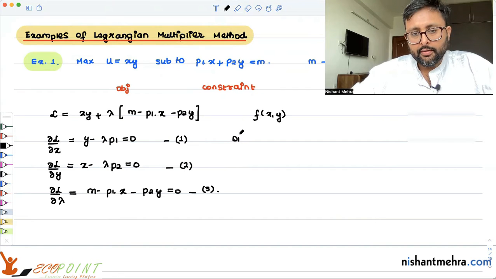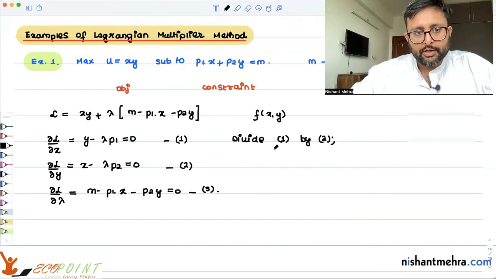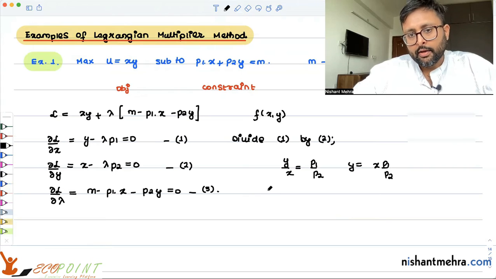You divide one by 2. So it is Y by X equals to P1 by P2, Y equals to X P1 by P2, and you substitute this Y back into the third constraint.